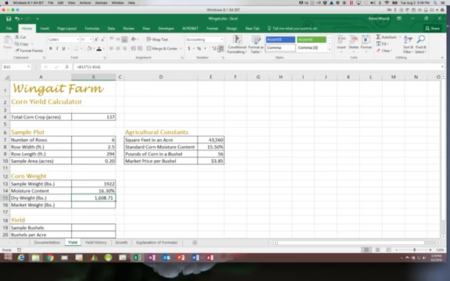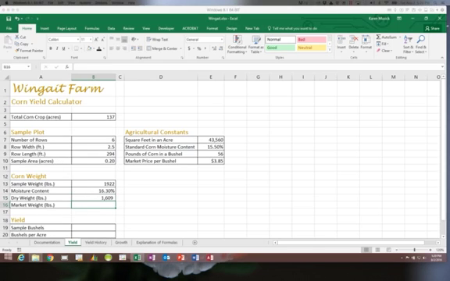And so we're going to decrease the decimals. The next thing we have to do is calculate the market weight.